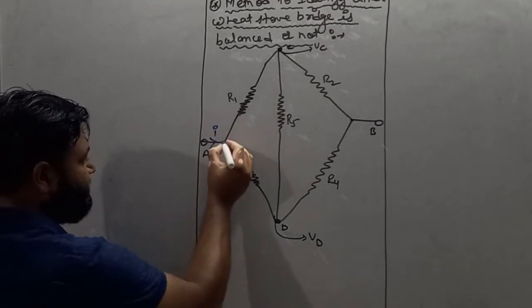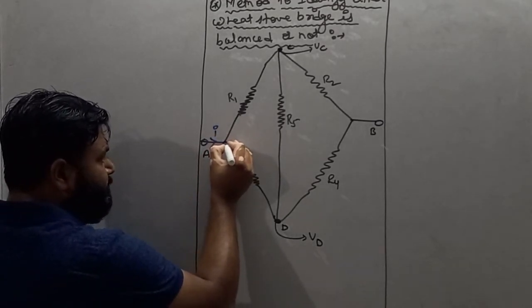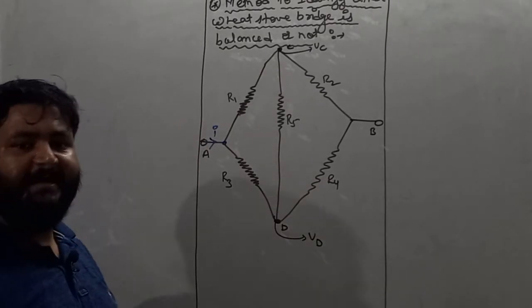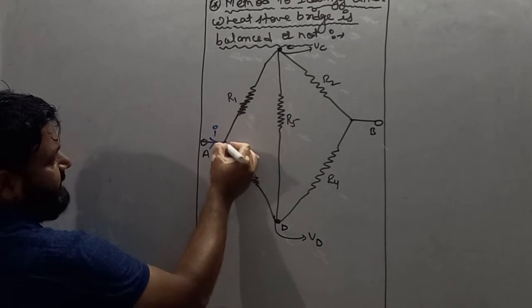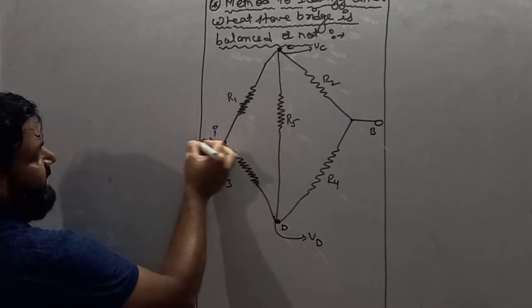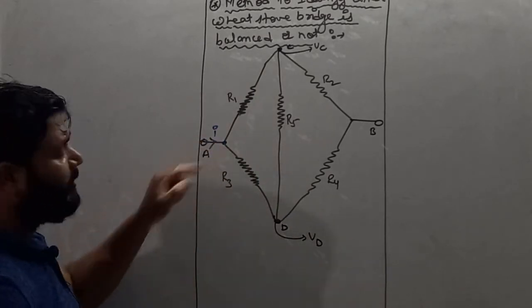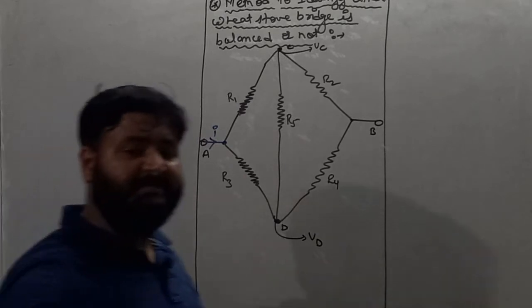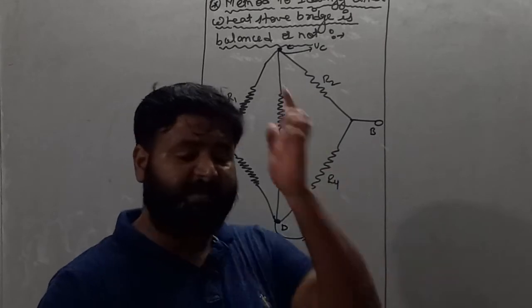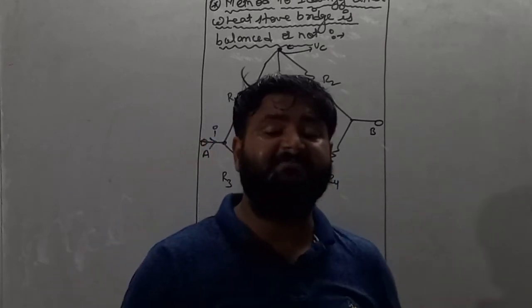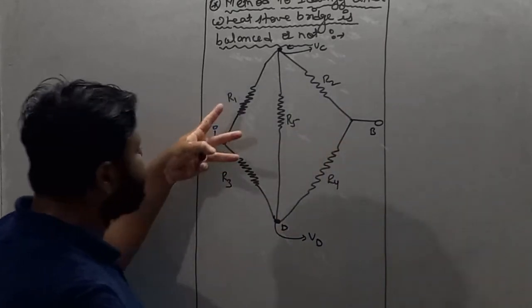Now see, as we know, the meeting point of more than one wire is called a junction. Here we have one wire in this direction, one wire in this direction, and one wire in this direction. So this point is called a junction. Another property of current is that when current finds any junction, it distributes itself.